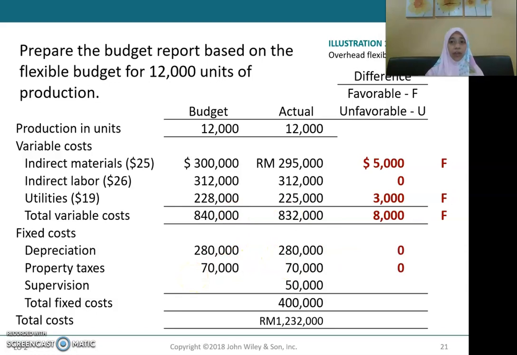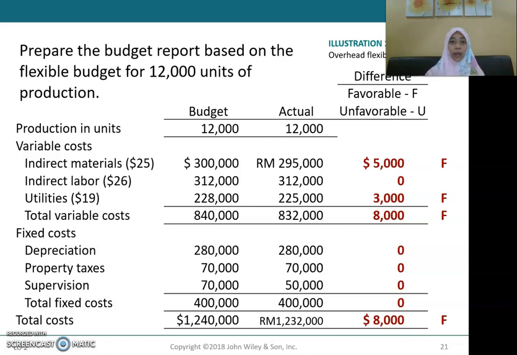Your budgeted figure and your actual figures are the same. But with regard to your total cost, there is a difference because it is reflected in your variable cost. So you will have 8,000 ringgit favorable variance.